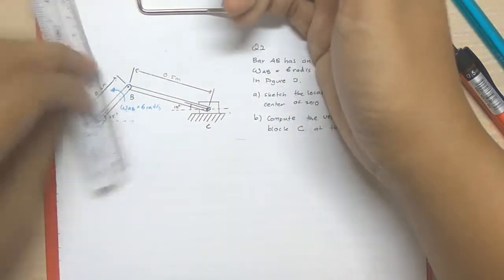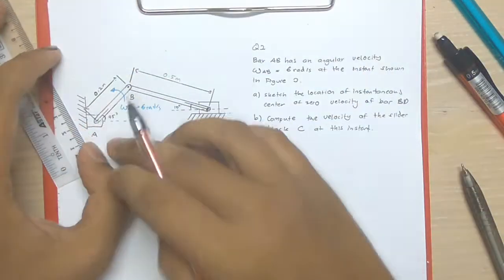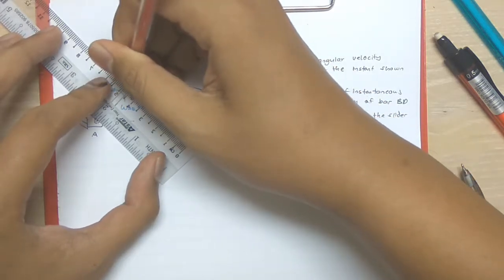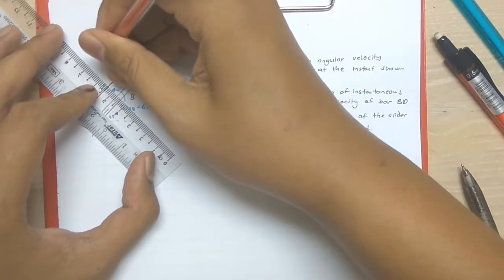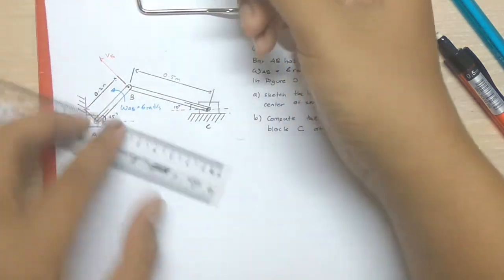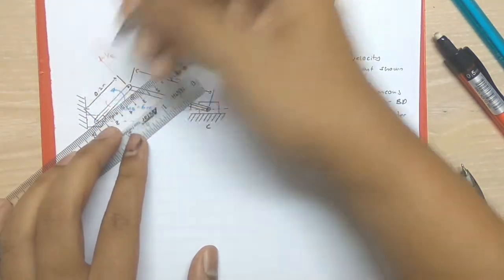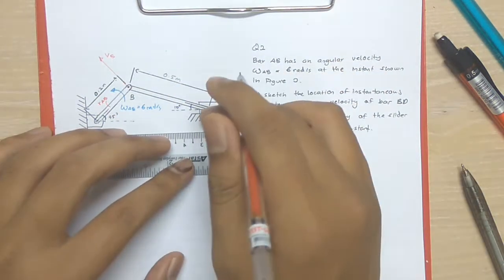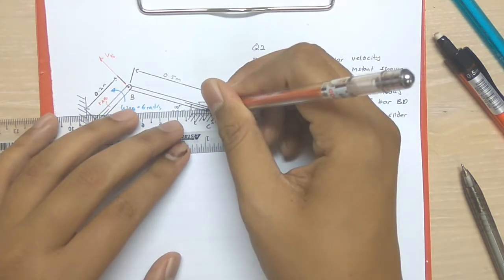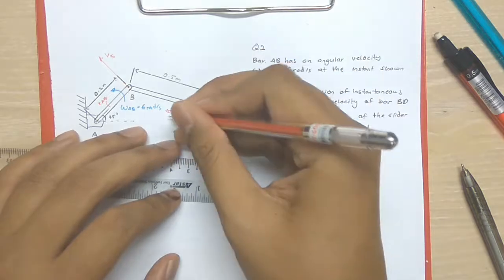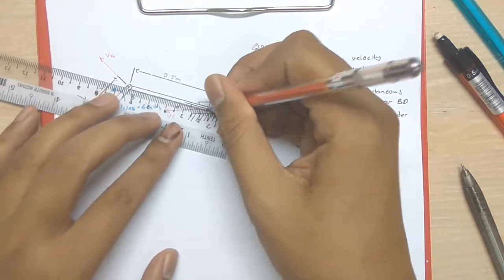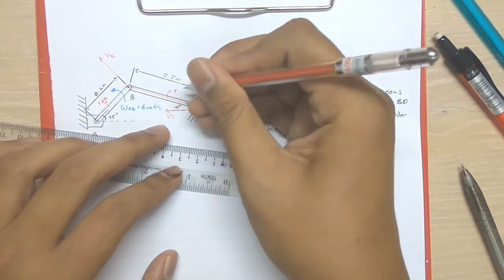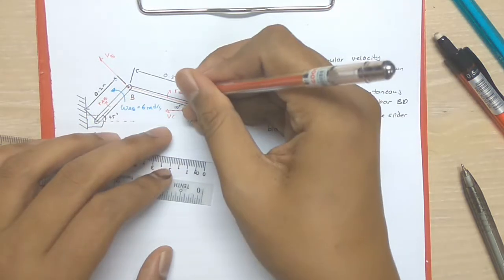So we can say that this is VB, perpendicular to AB, and this is RAB, and this one goes straight to the left, VC, and this line is BC.